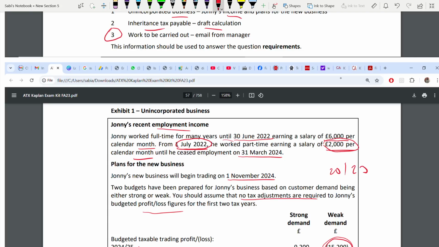And before that, until 30th June 2022, that means this falls in 22-23.